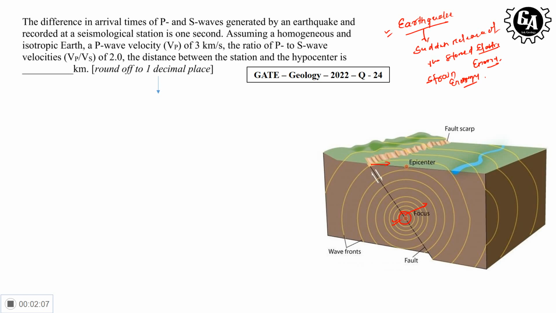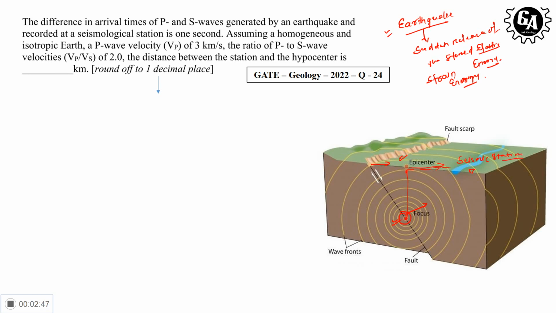You can see this is the epicenter, and this is the focus. The actual original point of generation of the earthquake is the focus, and the point directly above the focus on the surface of the earth is the epicenter. This strain energy will go from this place to the seismic station.